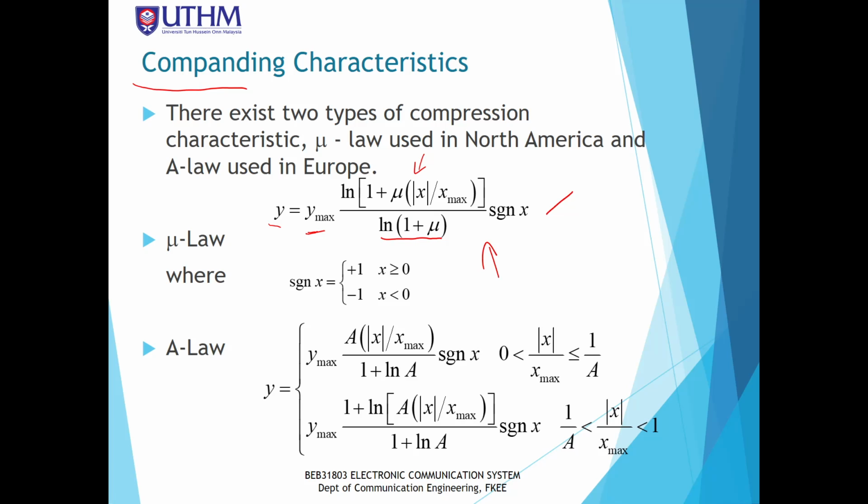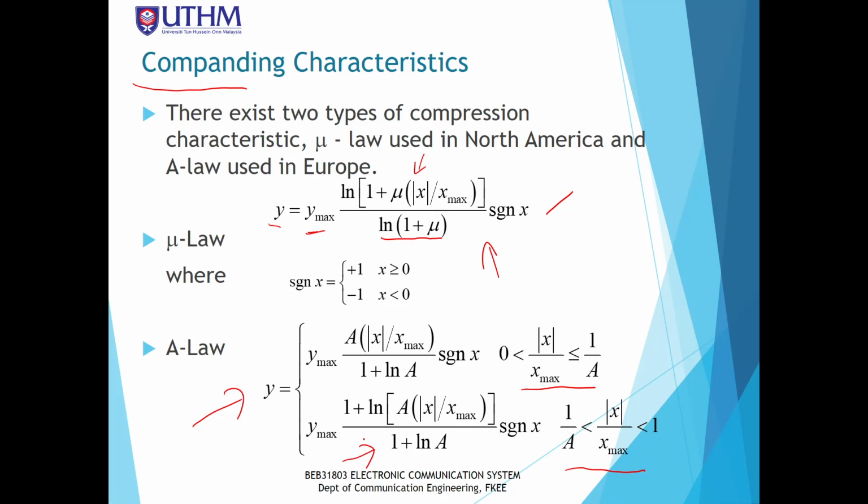For A law, the output equals y max times A times modulus of x, divided by 1 plus ln A. This applies if x is between 0 and 1 over A, and if larger, it uses the other expression.